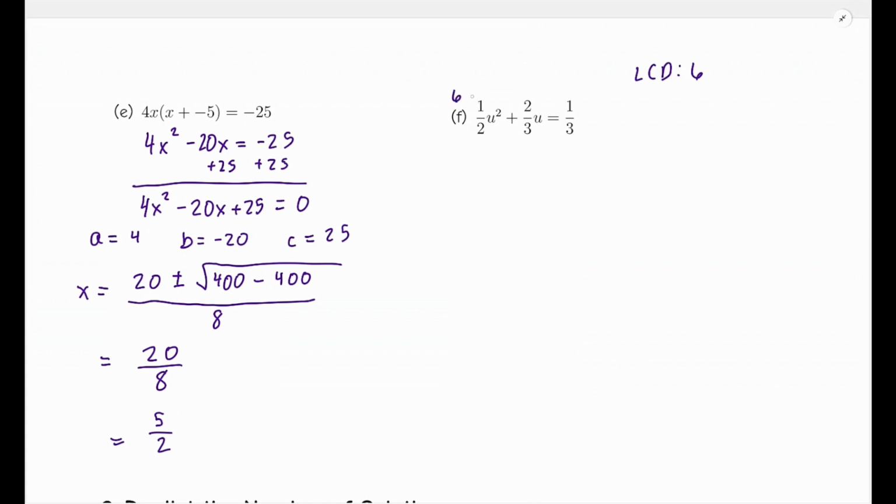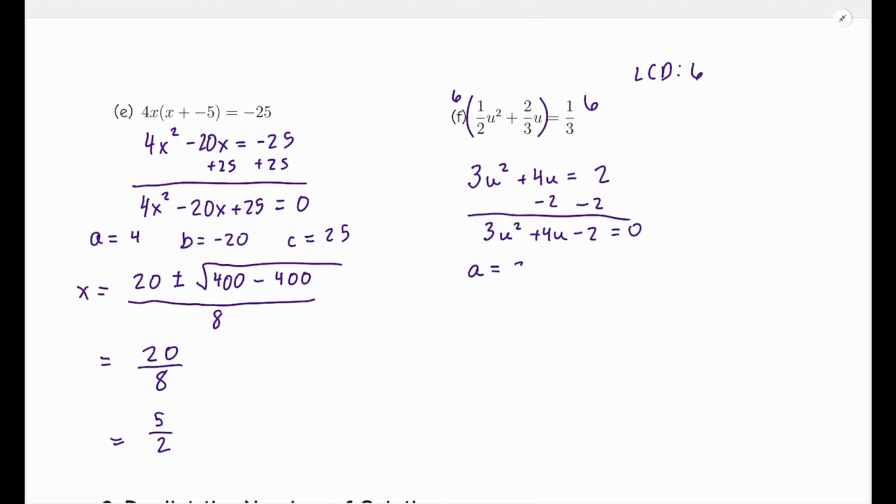So I'm going to multiply both sides of the equation by 6. 6 times a half is 3, so 3u squared. 6 times 2/3 is 4, so plus 4u. And 1/3 times 6 is 2. Now there's no more fractions. I can get 0 on one side. And we get 3u squared plus 4u minus 2 is equal to 0.